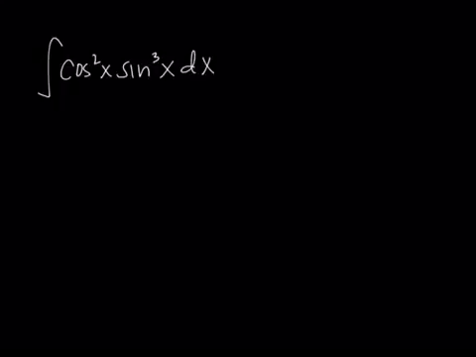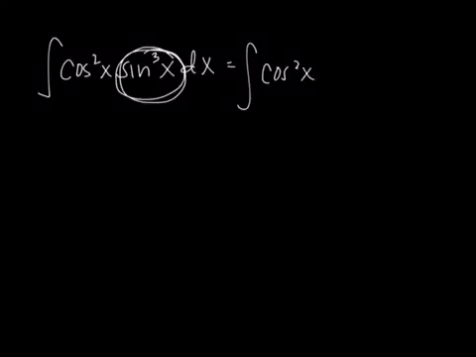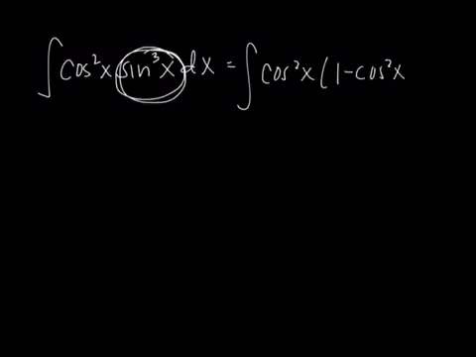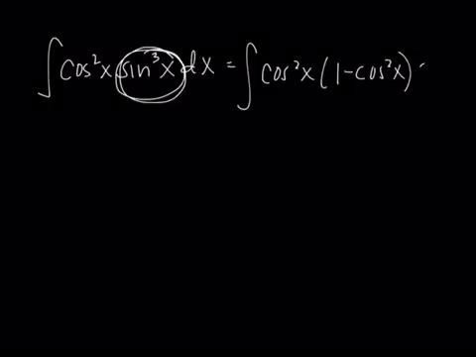Well, I can change these all to be in terms of cosine and still have a leftover sine. I have to recognize where my odd man out is going to be. It's going to be there. So I can rewrite that as cosine squared of x times 1 minus cosine squared of x with a leftover sine of x dx.